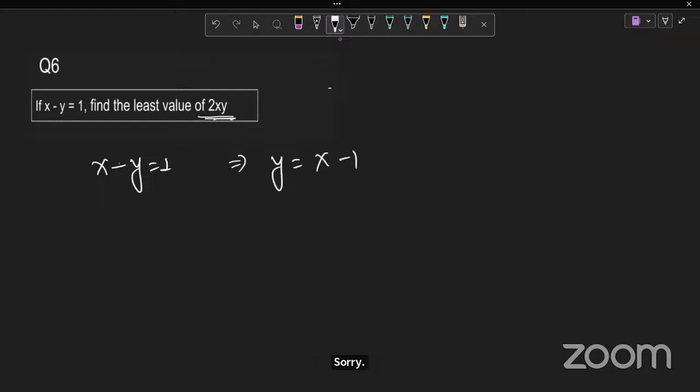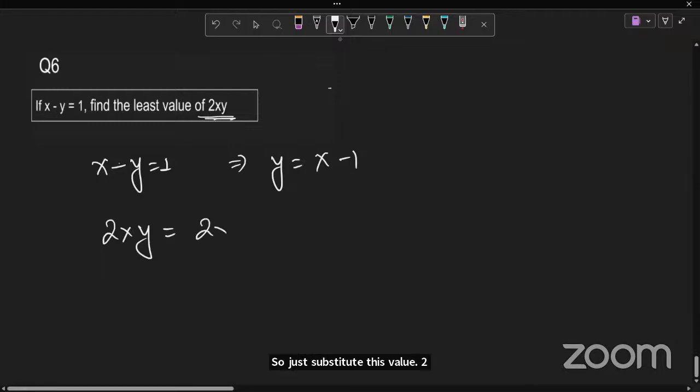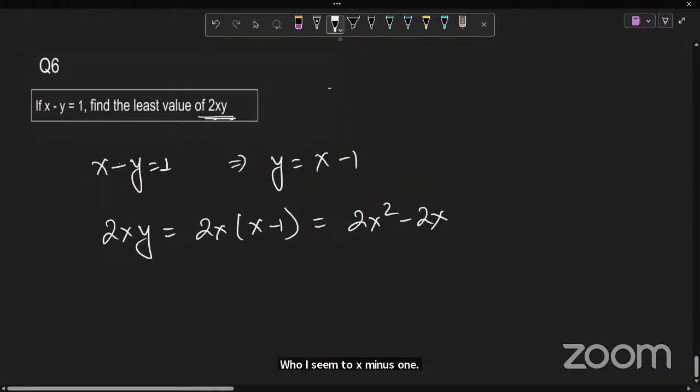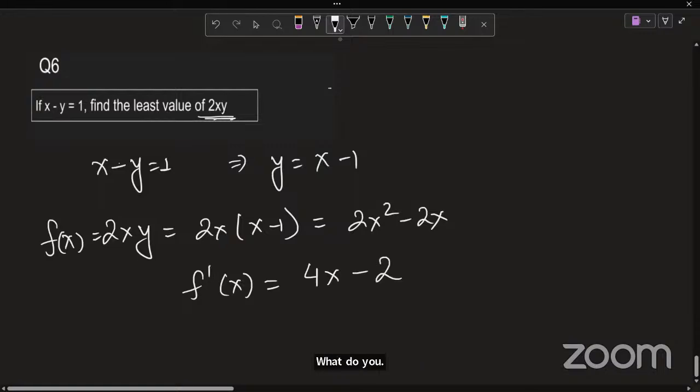Just substitute this value. 2xy is equal to 2x into (x minus 1), which is 2x square minus 2x. We have to find the least value of this. Suppose this is f(x). Let's calculate f dash of x. It will be 4x minus 2.